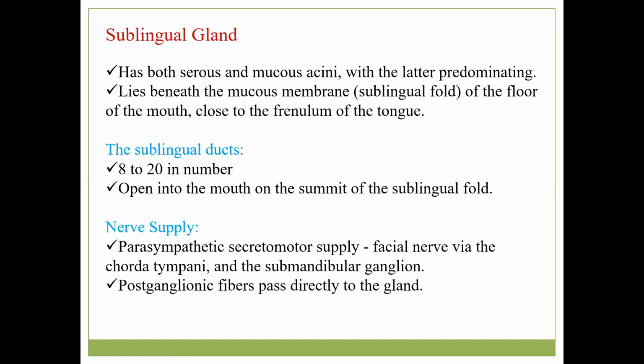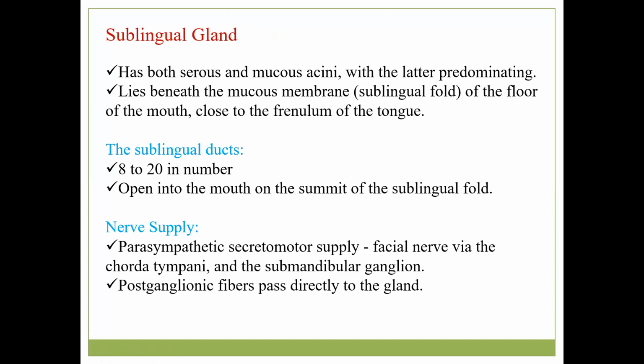Then comes the sublingual gland. This also has both serous and mucous acini, but mucous acini are the ones predominating. The sublingual gland lies beneath the mucous membrane of the floor of the mouth.